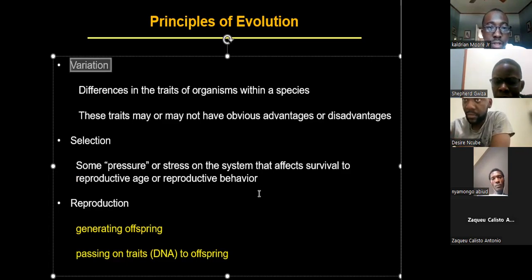Okay, and evolution towards what? This goes back to that first thing when I was asking, does evolution always make creatures stronger or better?